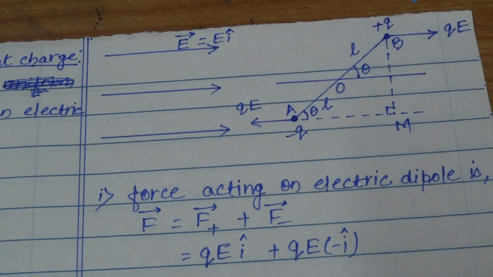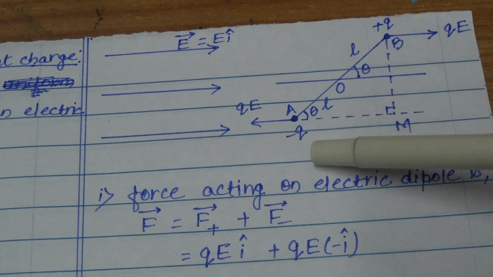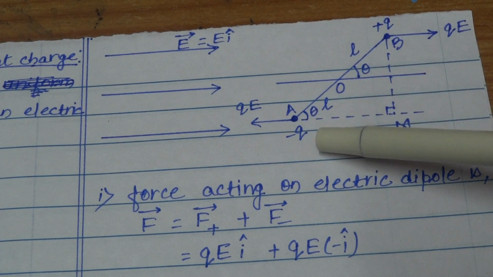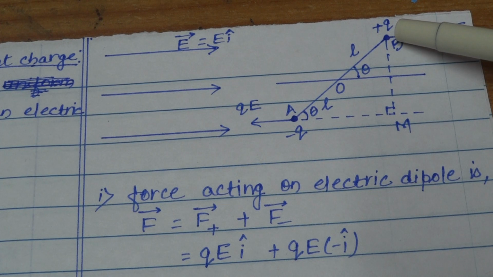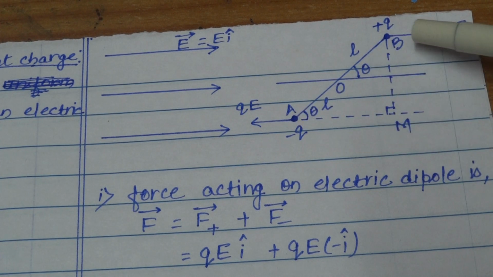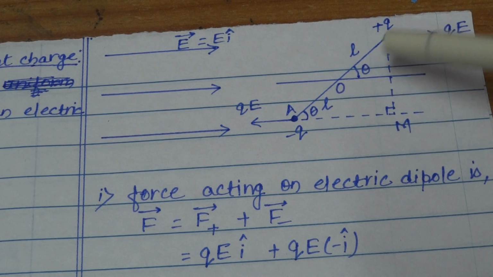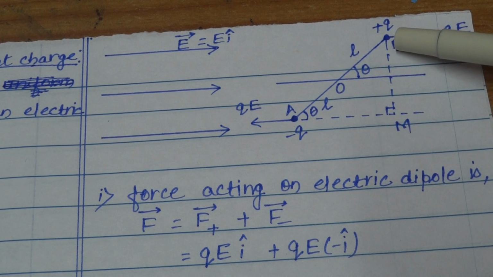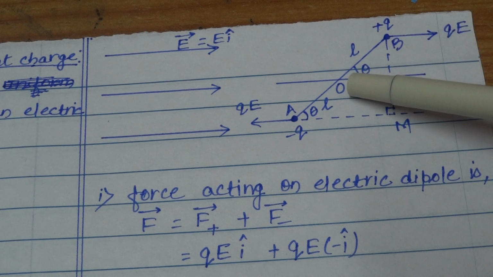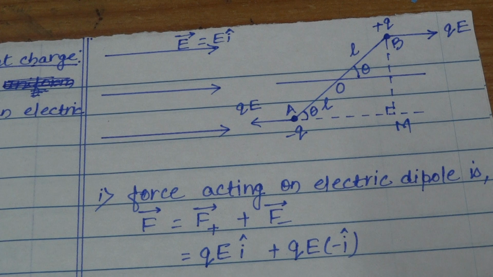And inside this electric field we have an electric dipole, you can see here, minus Q charge and plus Q charge, and the charges are placed at A and B. The line joining these two charges is AB. AB is known as the axis of the dipole. O is the midpoint of AB, so O is the center of the dipole. The direction of electric dipole moment is from negative charge to positive charge.